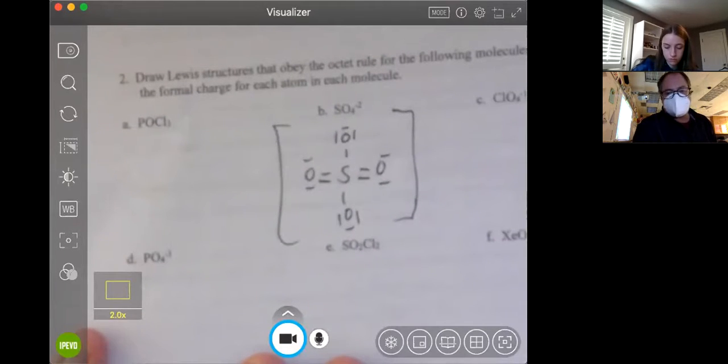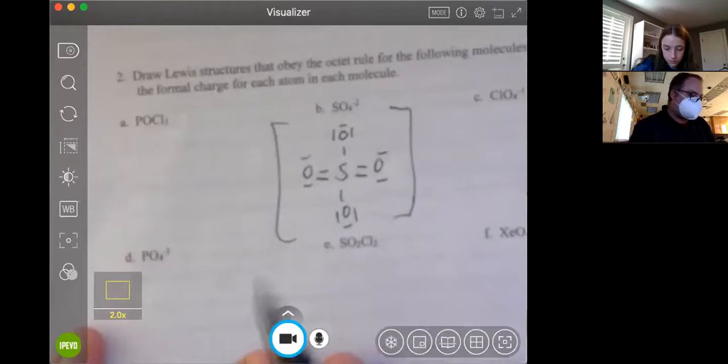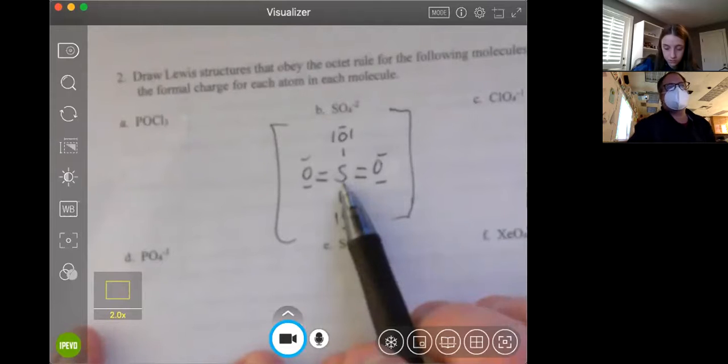If you find the formal charges, and you can draw the structure so that they are as close to 0 as possible, it's a better structure. Let's find the formal charge of S now.